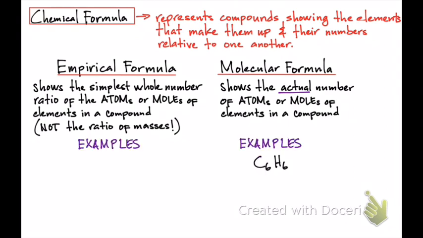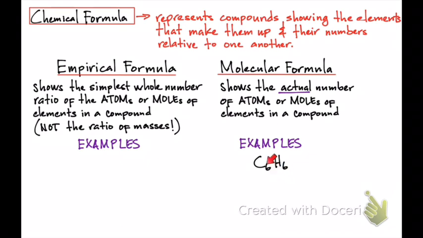Let's say benzene, C6H6. So this is a chemical formula, and more specifically, a molecular formula. If I ask you, what is the empirical formula for this compound? Well, if the chemical formula can be simplified further, then what you get is the empirical formula. You can see that the ratio between carbon and hydrogen in this chemical formula is 1:1.